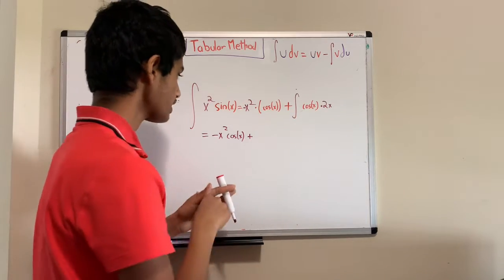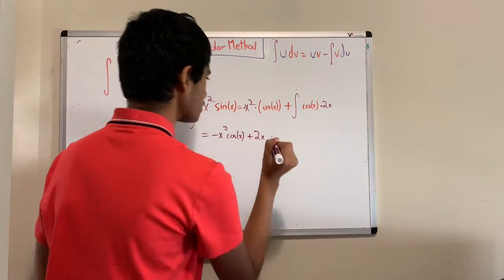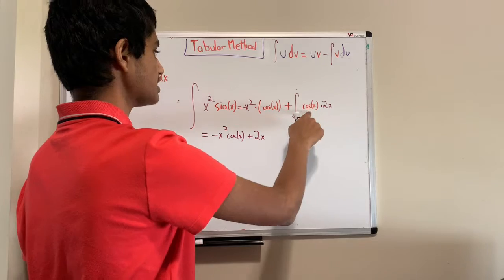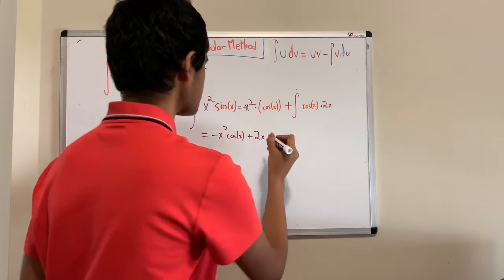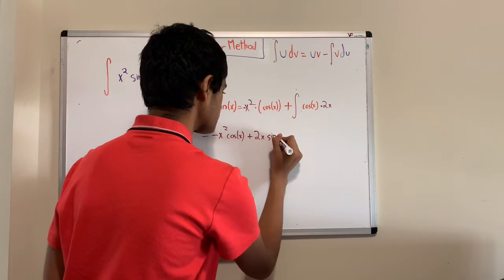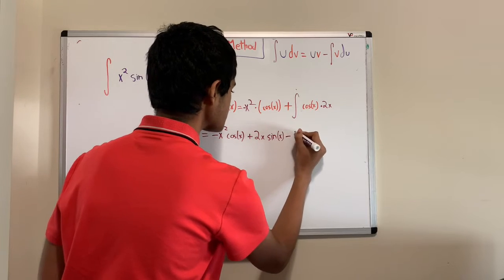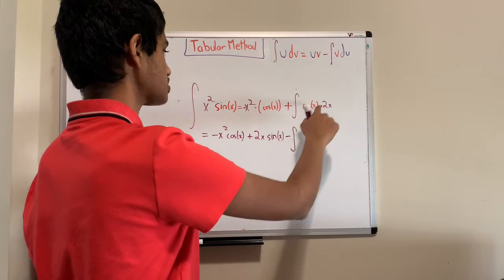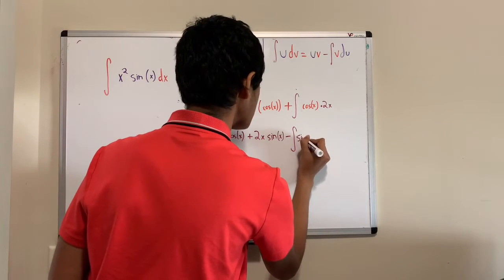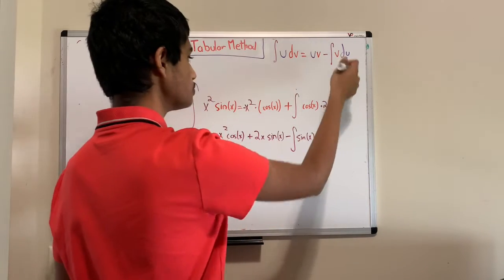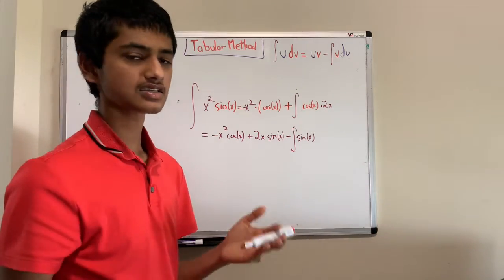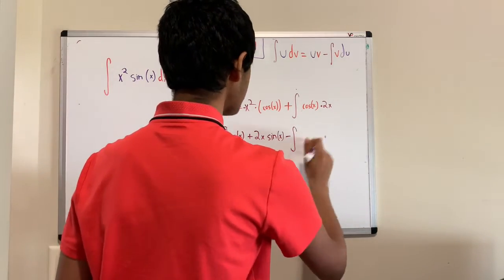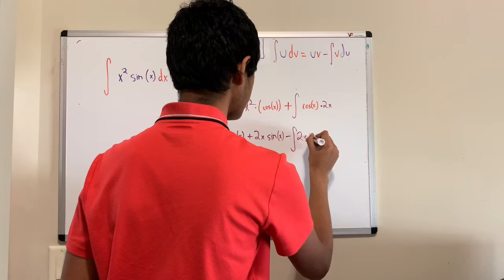So u is 2x, and v is the integral of cosine of x, which is just sine of x, minus the integral of v, which is just sine of x, and du is 2 because the derivative of 2x is just 2. So we can just plug that 2 right in front of the sine of x.